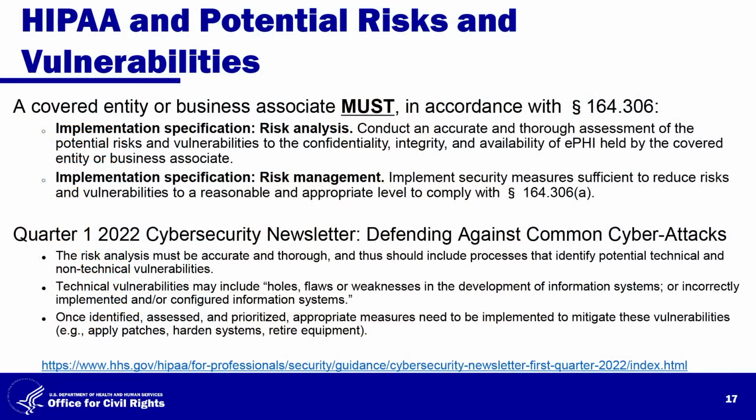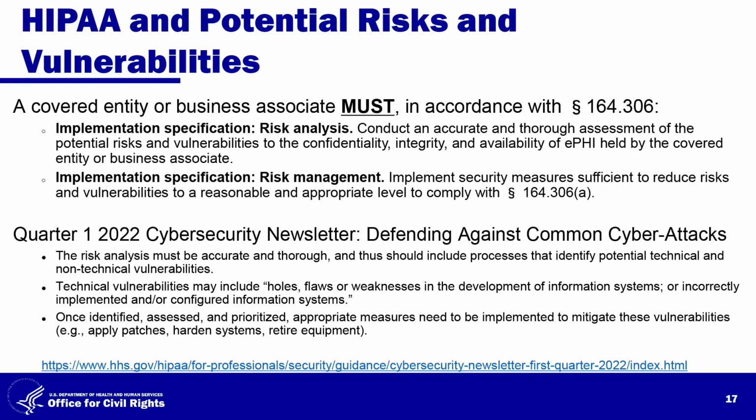The security rule requires regulated entities to implement a security management process that includes requirements for risk analysis and risk management processes. The risk analysis provision requires regulated entities to conduct an accurate and thorough assessment of the potential risks and vulnerabilities to the confidentiality, integrity, and availability of ePHI held by the regulated entity.